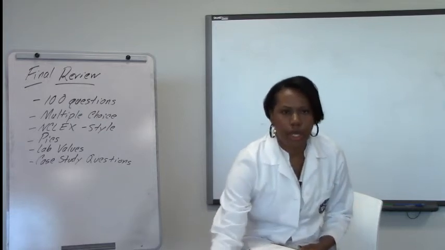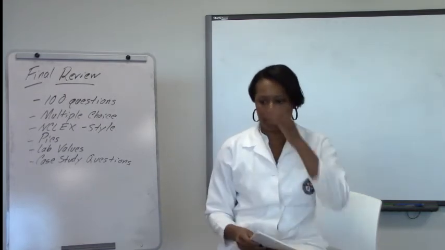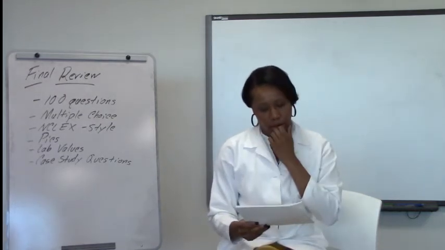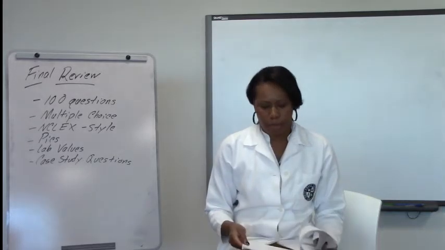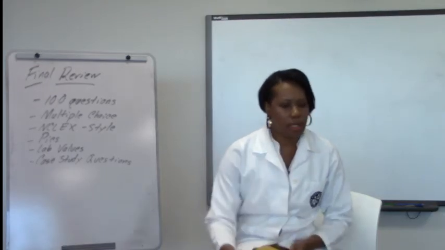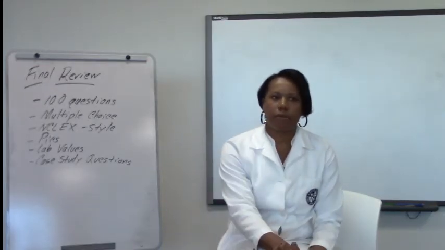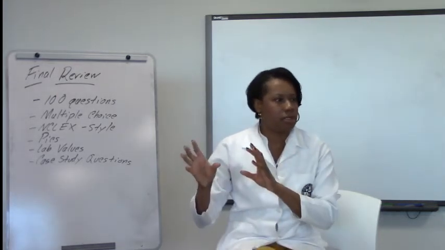So, chapter 7 talked about neoplasias. With neoplasias, this information is pretty straightforward, I believe. Keep in mind that this information from chapter 7 will be incorporated with different types of cancer.